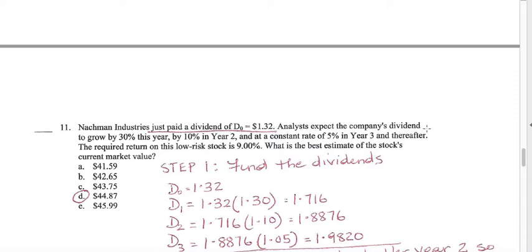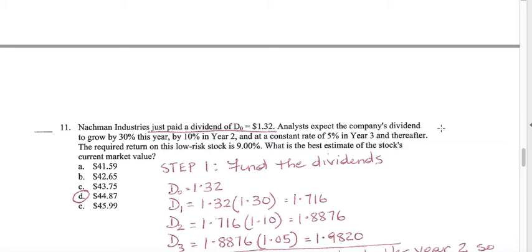Analysts expect the company's dividend to grow by 30% this year, by 10% in year 2, and then it becomes a constant 5% in year 3 and thereafter. The required return on this low-risk stock is 9%. What is the best estimate of the stock's current market value?